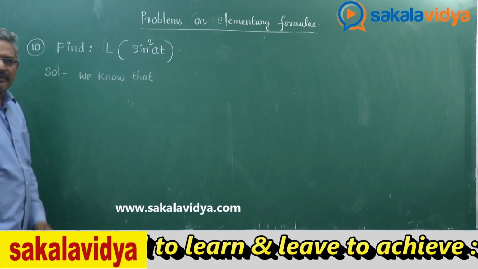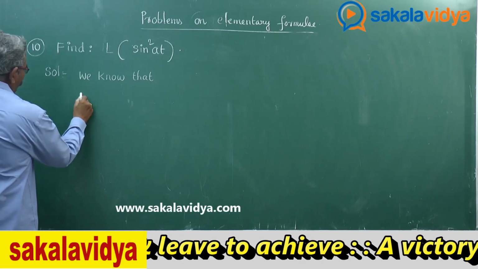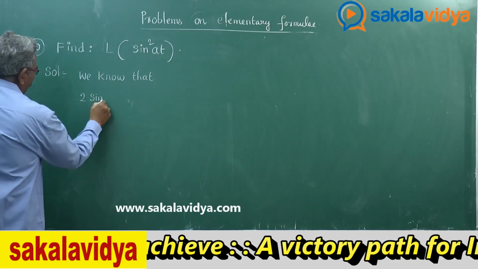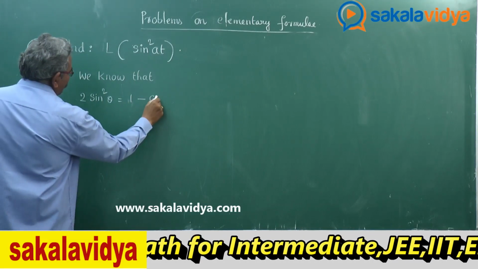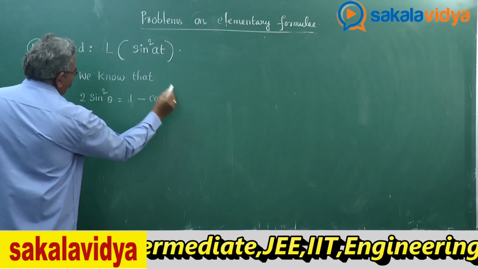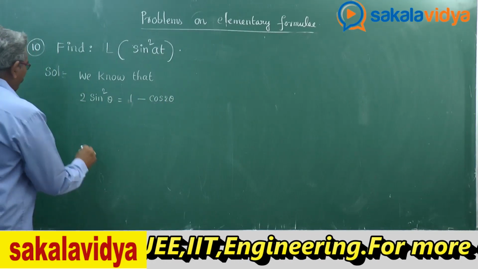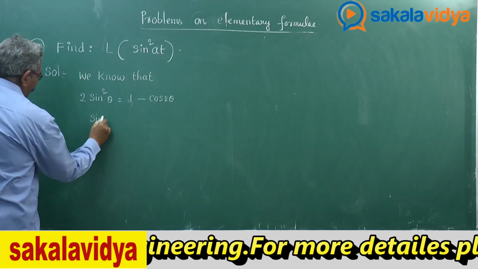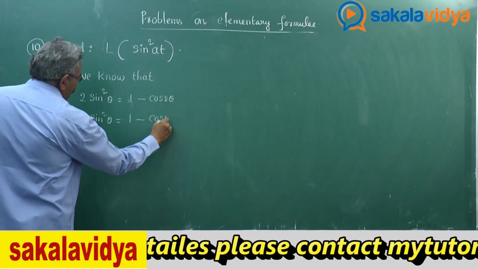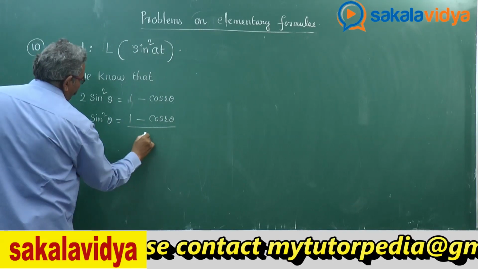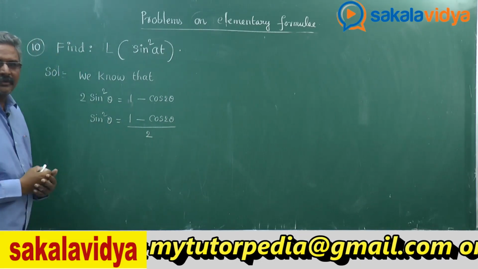We know that 2 sin square theta equals 1 minus cos 2 theta, so sin square theta is 1 minus cos 2 theta upon 2.